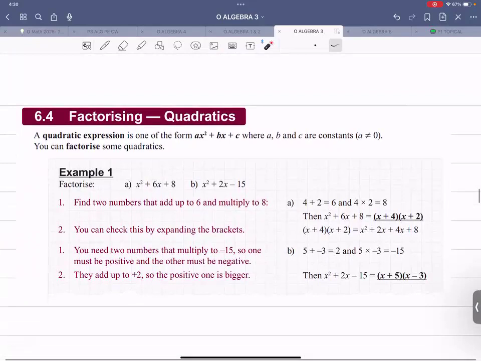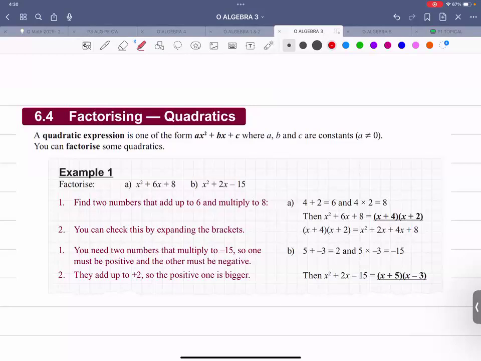Now this time we are starting with the factorizing of a quadratic expression. Now, first of all, what is a quadratic expression? A quadratic expression is one of the form ax squared plus bx plus c, where a, b, c are constants. That means the highest power in a quadratic expression is 2.